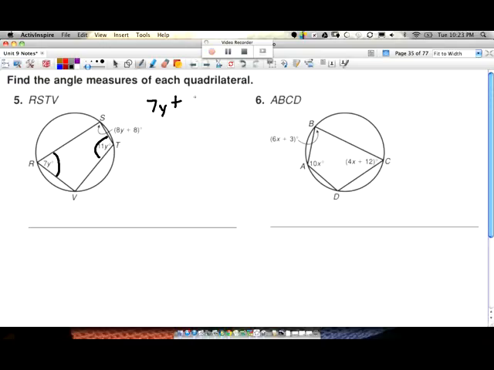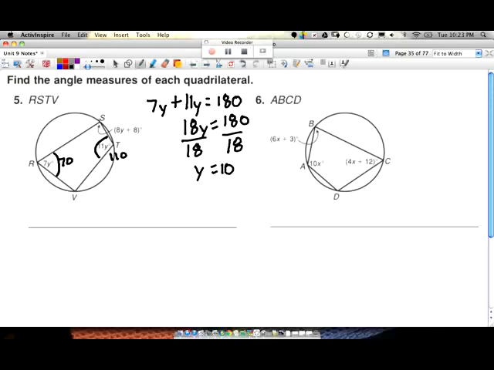So 7y plus 11y equals 180. Well, easy enough. This gives me 18y equals 180, which means if I divide this by 18, then I'll get y equals 10. Okay, so that means this right here is 110, and this is 70.